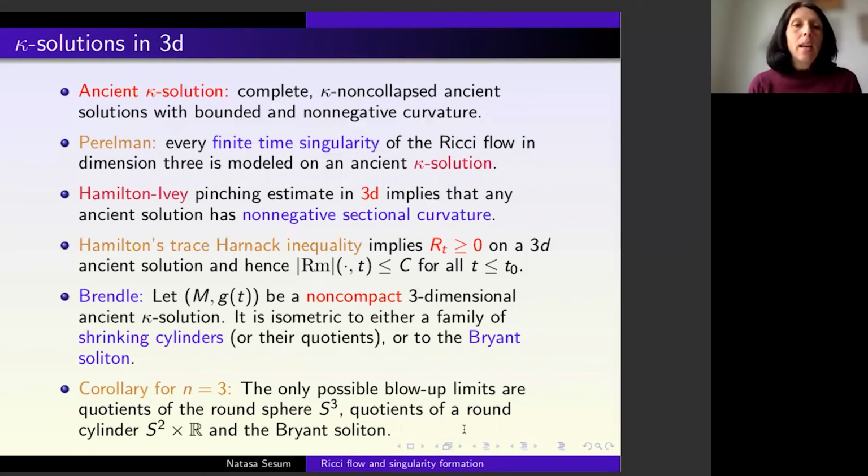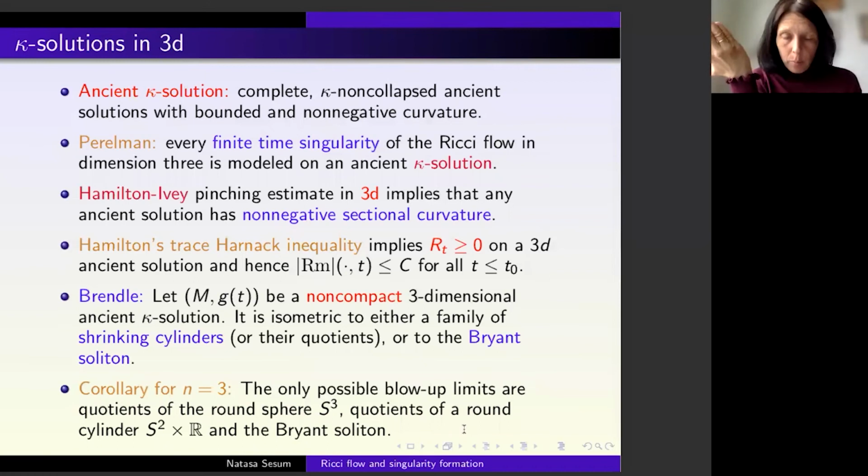And once you have that, you have the Harnack estimate proved by Richard Hamilton, which has as a consequence that for ancient solutions the scalar curvature increases in time pointwise, which means that the scalar curvature is uniformly bounded as you go all the way up to time negative infinity.